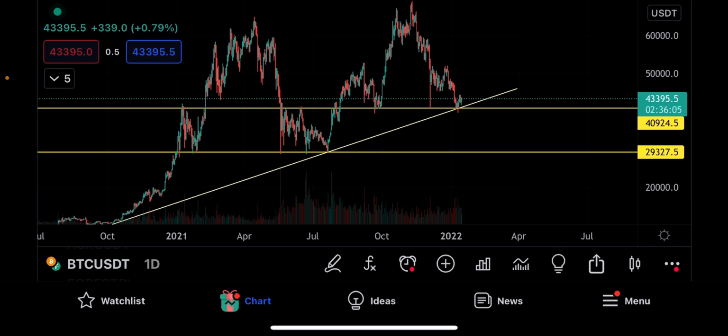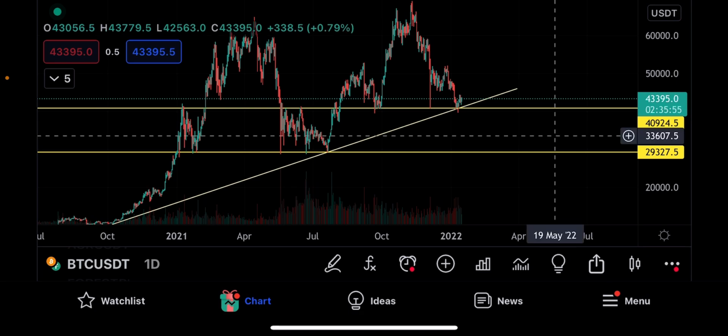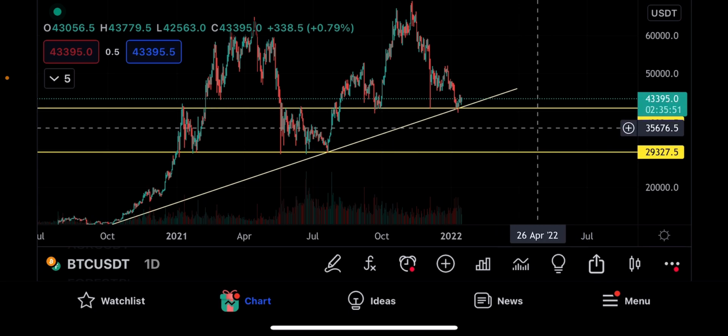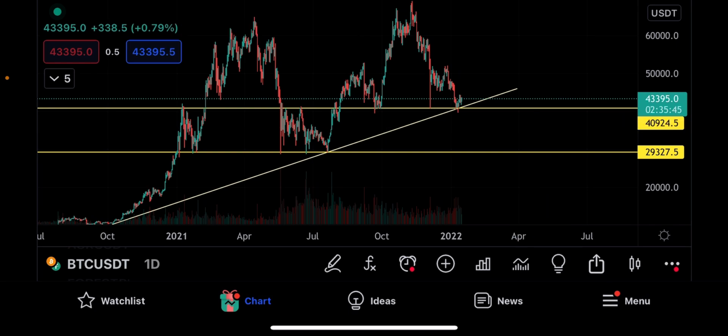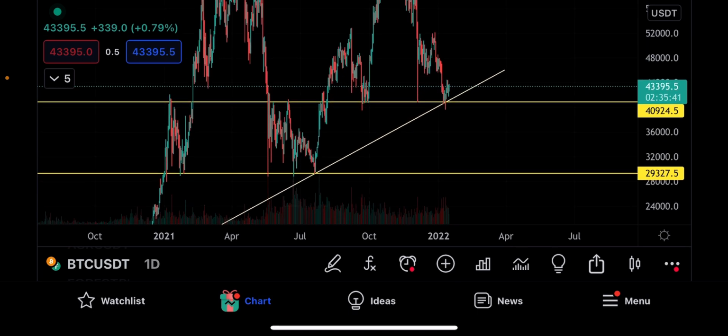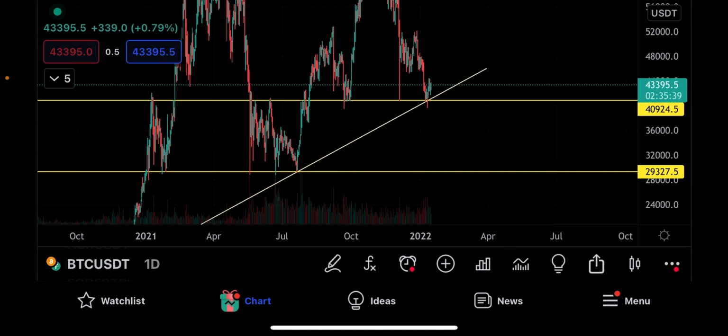We can't just go up and up and up. Every time we hit a resistance, we reject a little bit. And you need to be mindful that if we lose this 40.9k, I would think that I have to start selling there. I mean, there's no point in holding it, because if we lose 40.9k, this is the next support level.